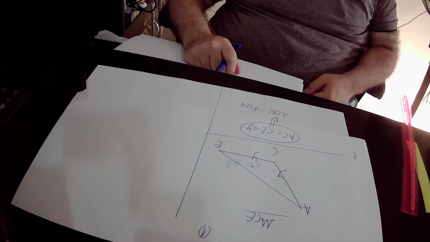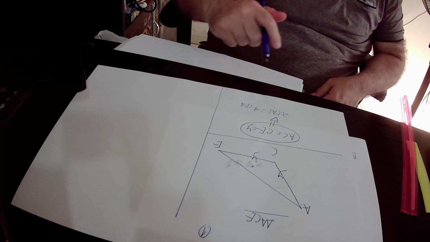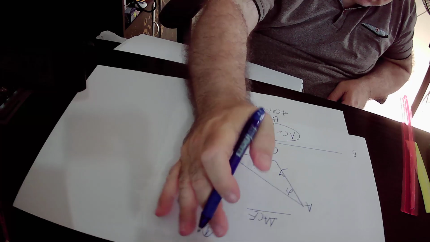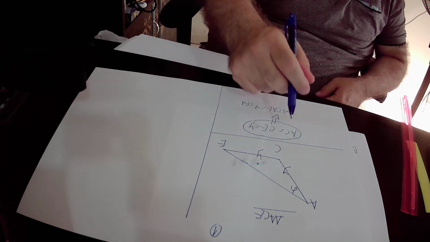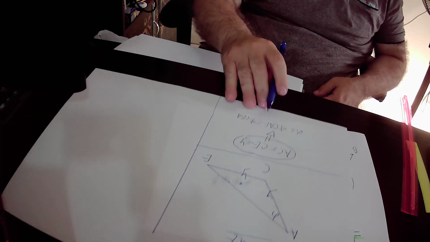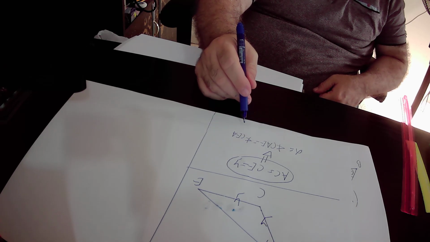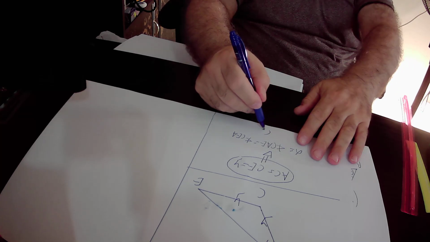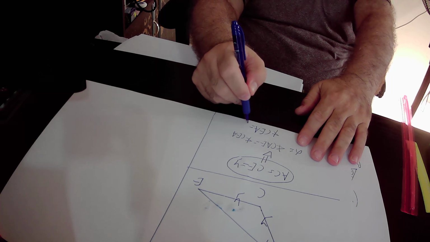Okay. So if we define this angle as alpha, angle CAE equals alpha according to our definition, then from the equation CAE equals CEA, we will derive that angle CEA is also equal to alpha.